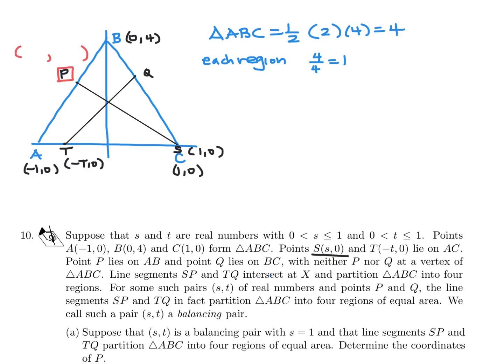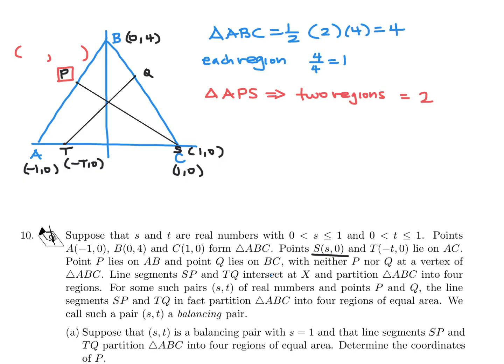But since I have to figure that out, I'm going to concentrate on a triangle or region that has P in it. So let's concentrate on triangle APS. That triangle actually is 2 regions. So that means it would have an area equal to 2, since each region has an area equal to 1.